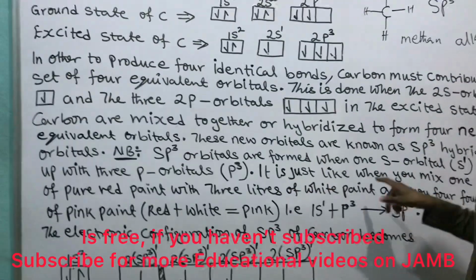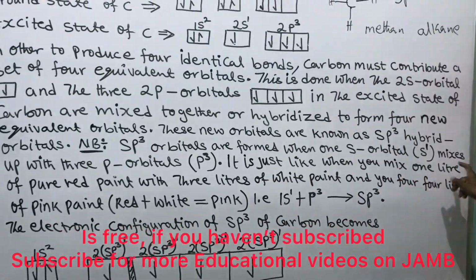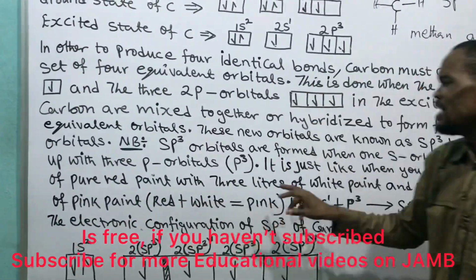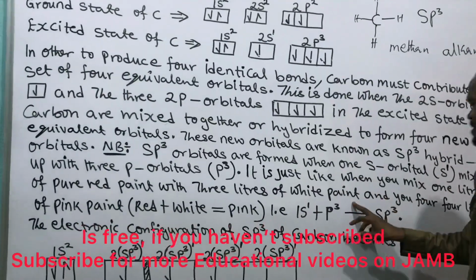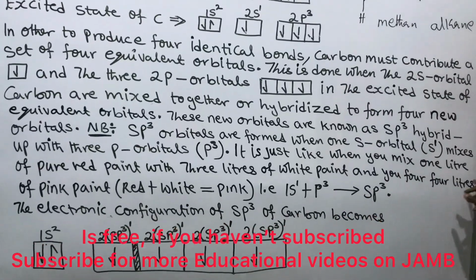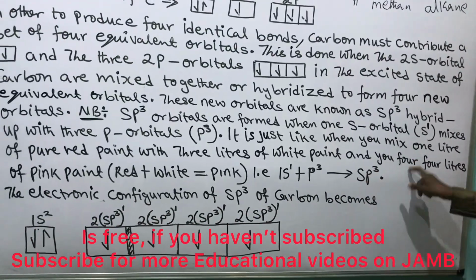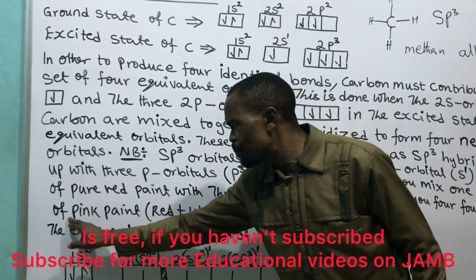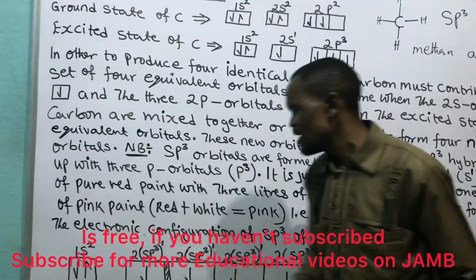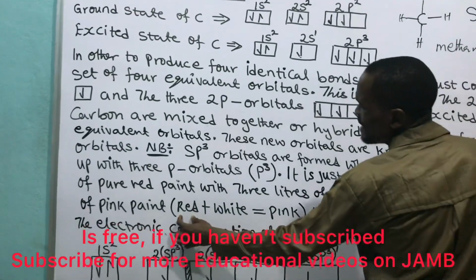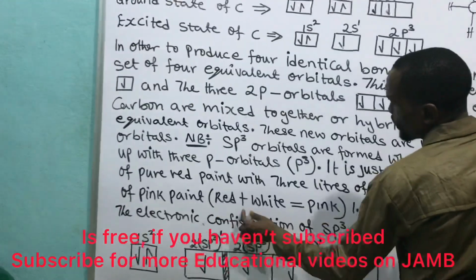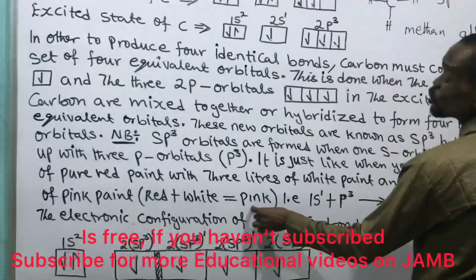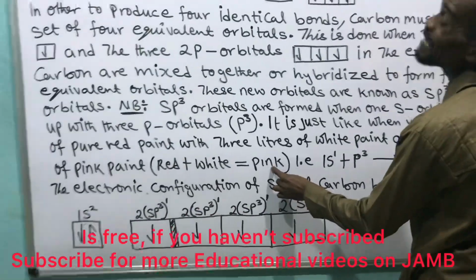It's just like when you mix 1 liter of pure red paint with 3 liters of white paint, and you form 4 liters of pink paint. What does it mean? I have 1 liter of red paint plus 3 liters of white paint, and I will produce 4 liters of pink paint.